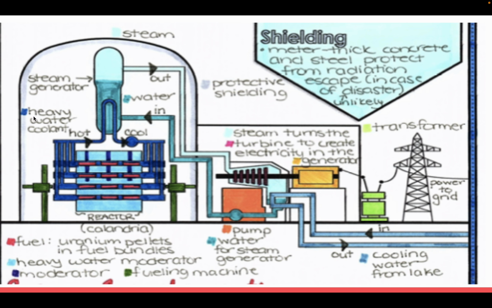Sometimes they'll use what's called heavy water coolant, and heavy water is just water that's enriched with a particular form of hydrogen. Again, not really super relevant, but that's why it's different. All right. So steam goes out, turns the turbine, powers the generator, everyone's happy. The steam gets condensed and brought back through that secondary loop.